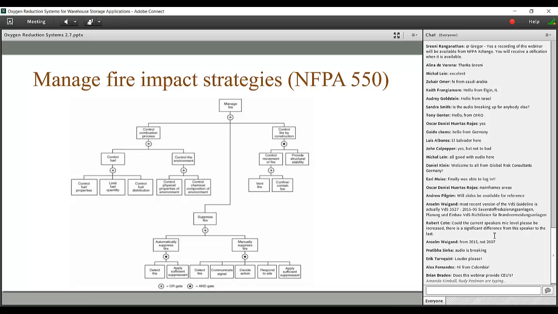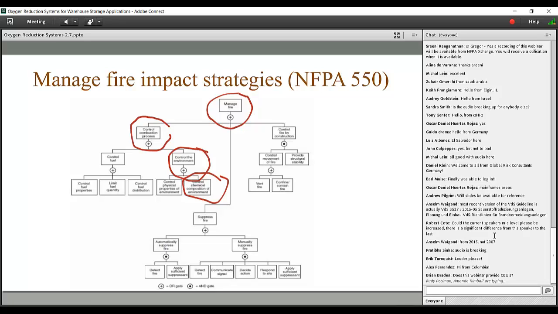If you look also, however, at managing fire impacts, which is the other major branch, you can control the combustion process, and again look at controlling the environment, and then you can have in this case a kind of chemical interruption of the process.